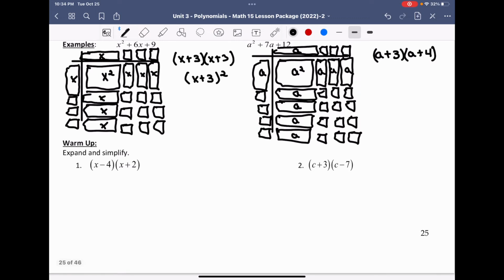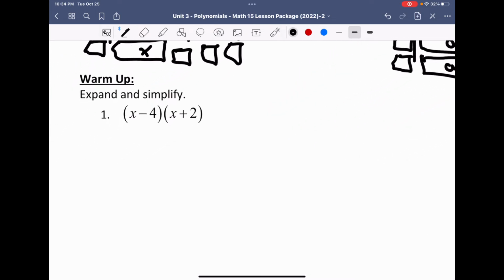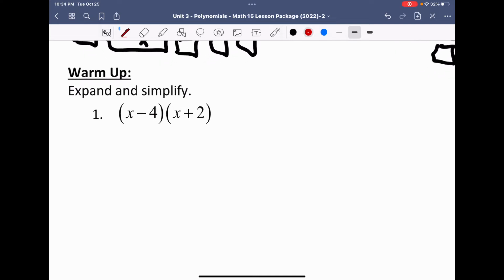All right, so before we continue, we're going to do an expand and simplify activity, using foiling or box method. So for this, I'm going to actually show foiling, but you can use box method as well. In order to expand this, I need to take my first term and multiply it to the two terms in the next bracket. This is equal to x times x, which is x squared, x times 2, which is 2x.